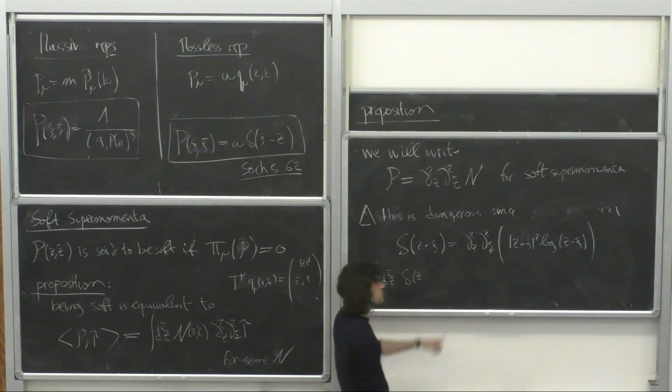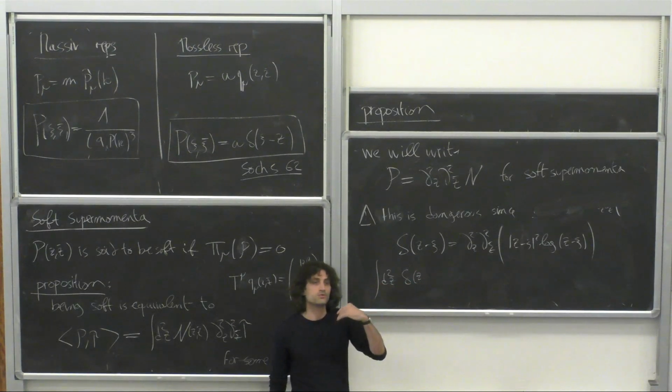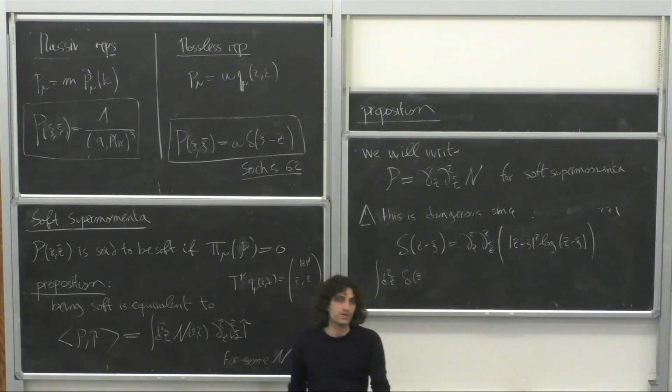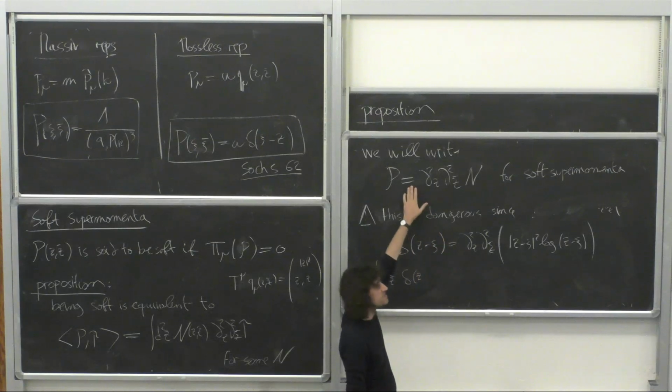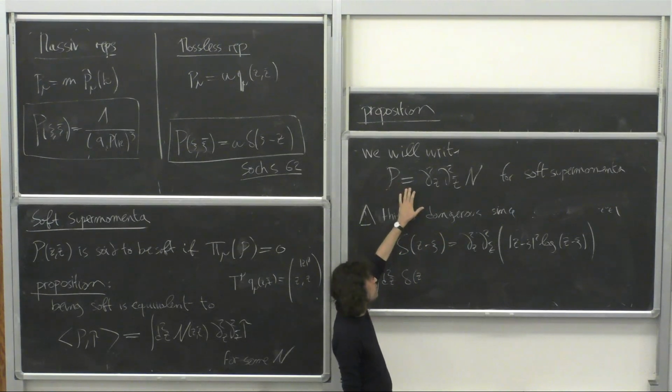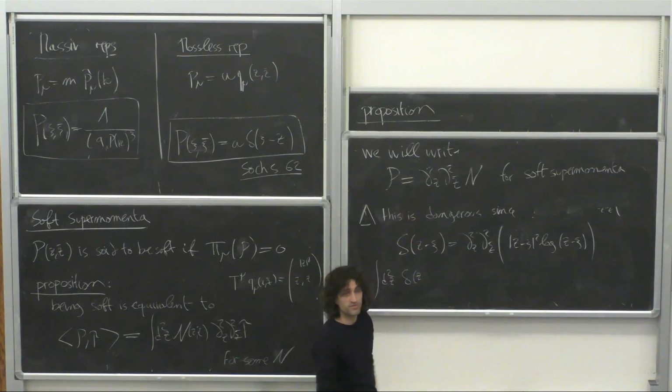What's wrong is that this is a distribution, so you need to say against which test function you're integrating. This is what is dangerous about this expression. What I mean is that this is a supermomenta, so I'm always integrating against weighted densities, and they have very special behavior at z equal infinity, and you have to be very careful about that.